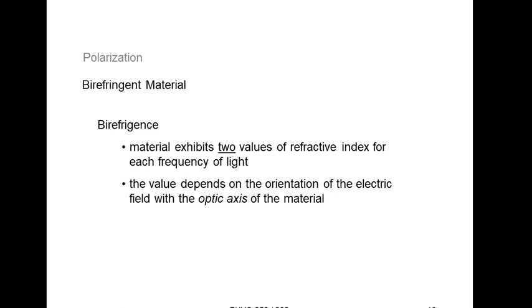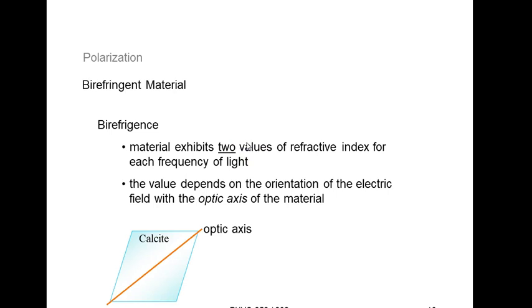But these birefringent materials actually have two values of index for each frequency, and which value gets, quote, used or is characterizing the material's response depends on the orientation of the electric field of the light wave at that particular moment with the so-called optic axis of the material. So the electric field oriented one way, you use one index for the material. The electric field oriented another way, there's a different value of index.